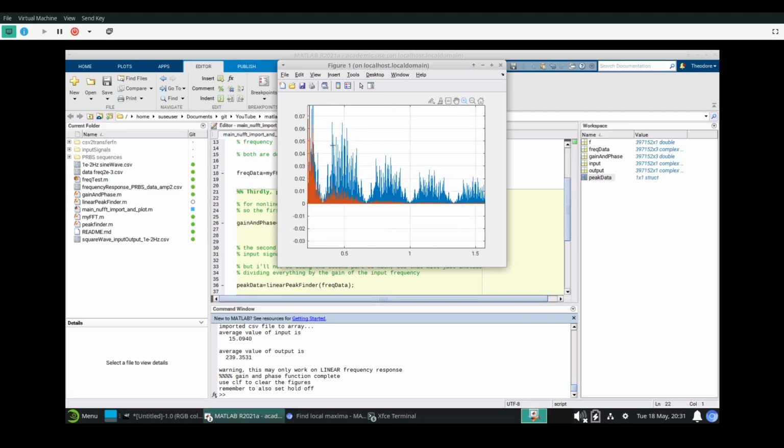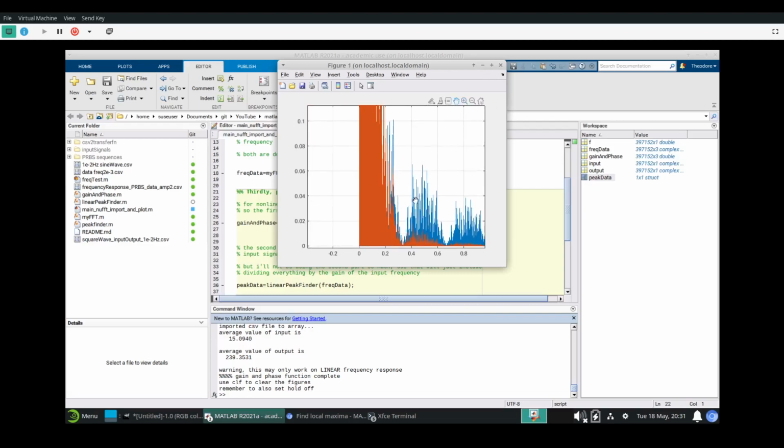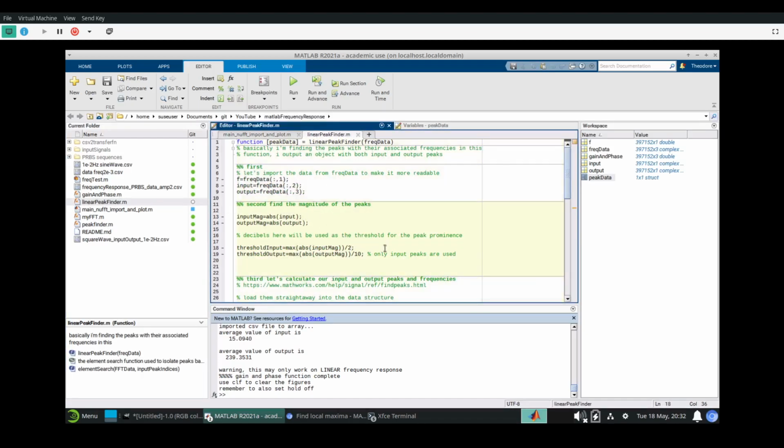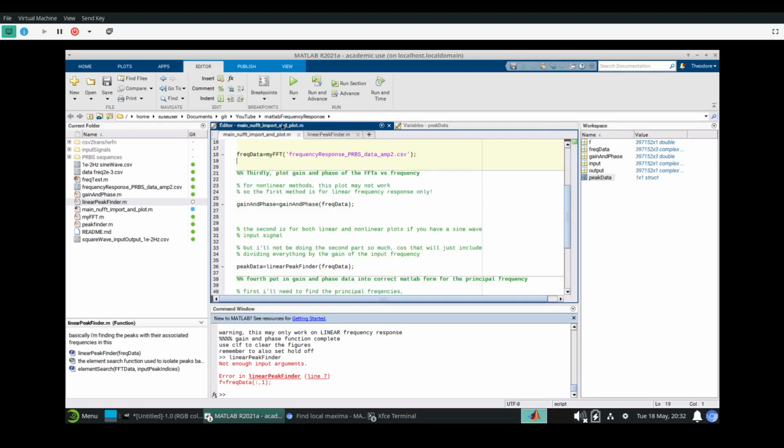Maybe you can set your peak tolerance to be a little bit lower, and then we can capture more of the data. So instead of dividing by 2, maybe you can divide by 4. This is really up to you to adjust how sensitive you want it to be.